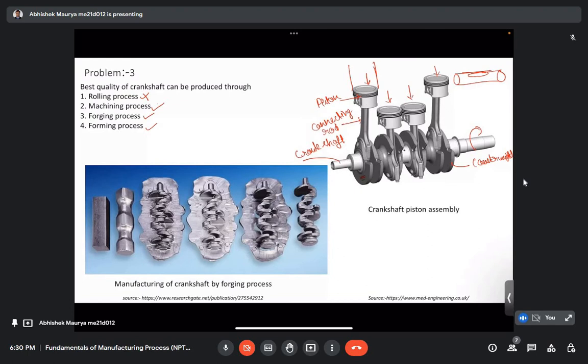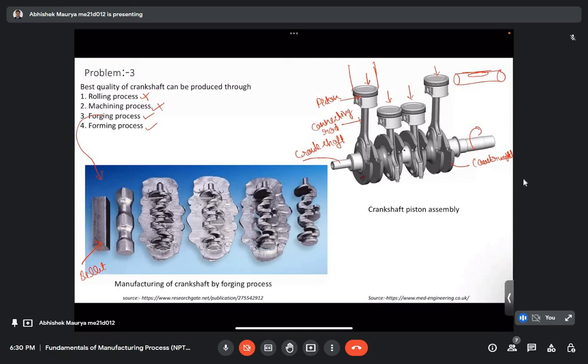And I said forging, so let's look at the forging process. If you remember from the lecture, in the forging process we initially have, let's say, a billet, and slowly, by providing a compressive force on this billet, mostly at higher temperatures, we change the shape of the billet step by step.